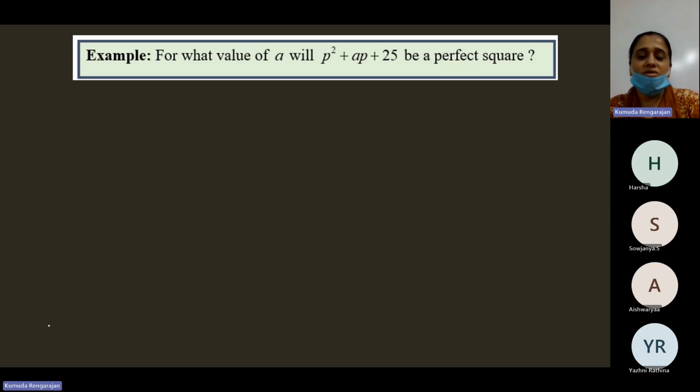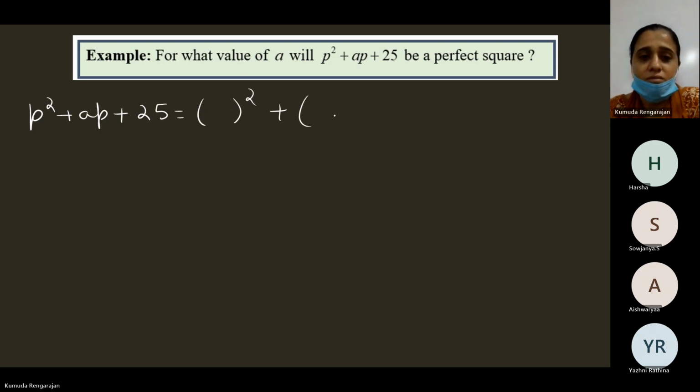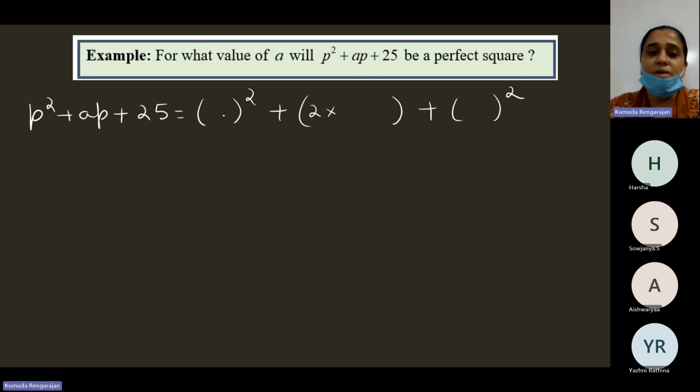I'll work it for you. Okay, so the steps will go like this. The given trinomial is p squared plus ap plus 25.